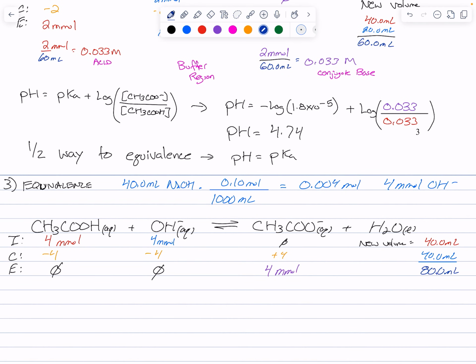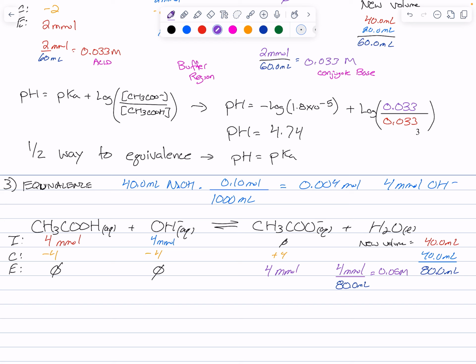If we do this, 4 millimoles divided by 80 milliliters, that means we have 0.05 molar acetate.